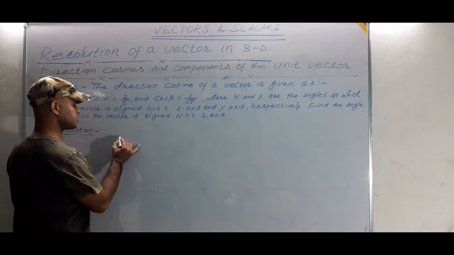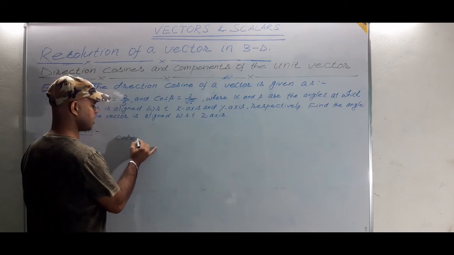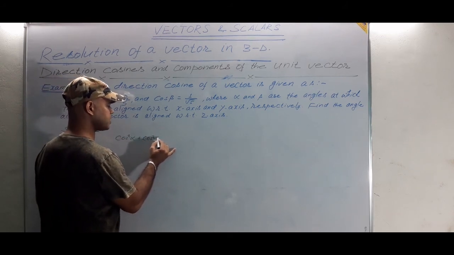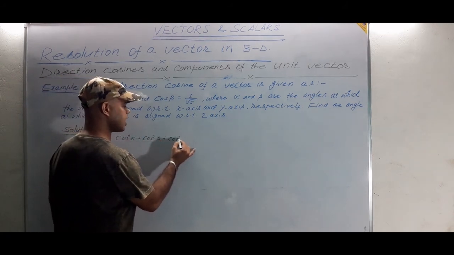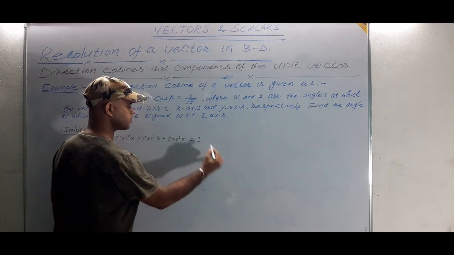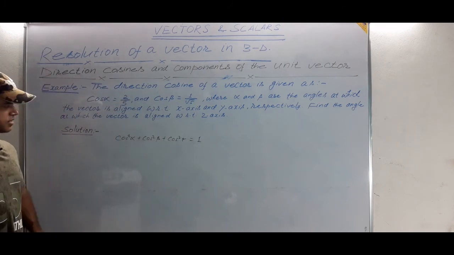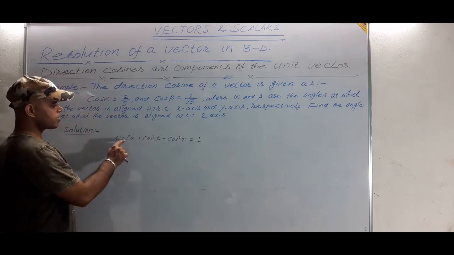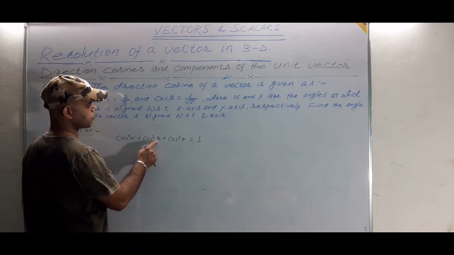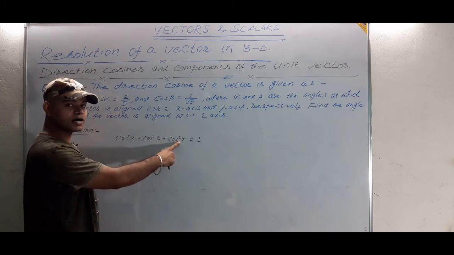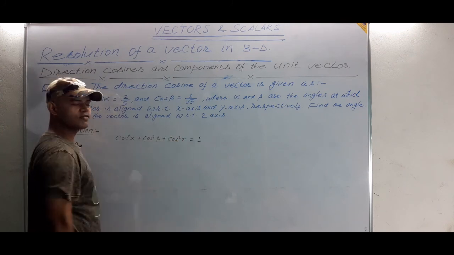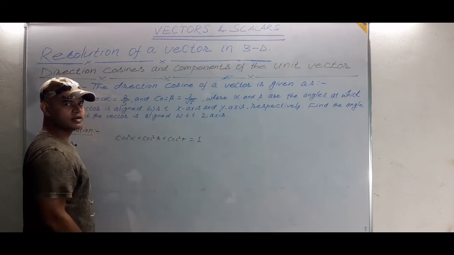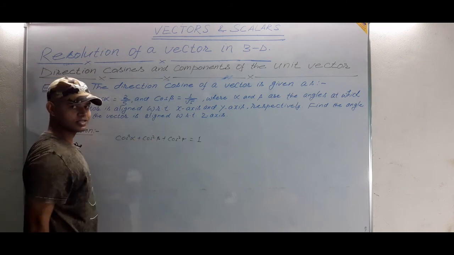So you can write cos square alpha plus cos square beta plus cos square gamma is equal to unity, right? The sum of squares of direction cosines will be unity. We already have the values of cos alpha and cos beta, so we can find cos gamma, and from there we can find the value of gamma, that is the angle the vector is aligned with respect to the z-axis.